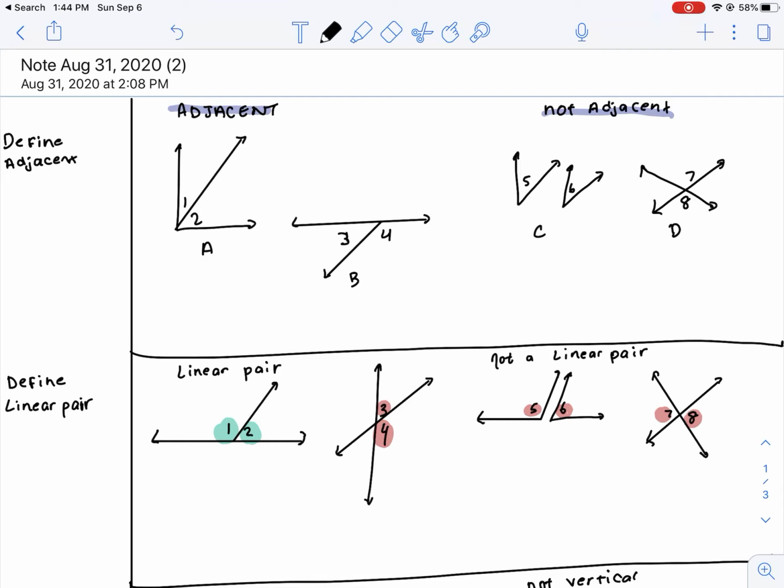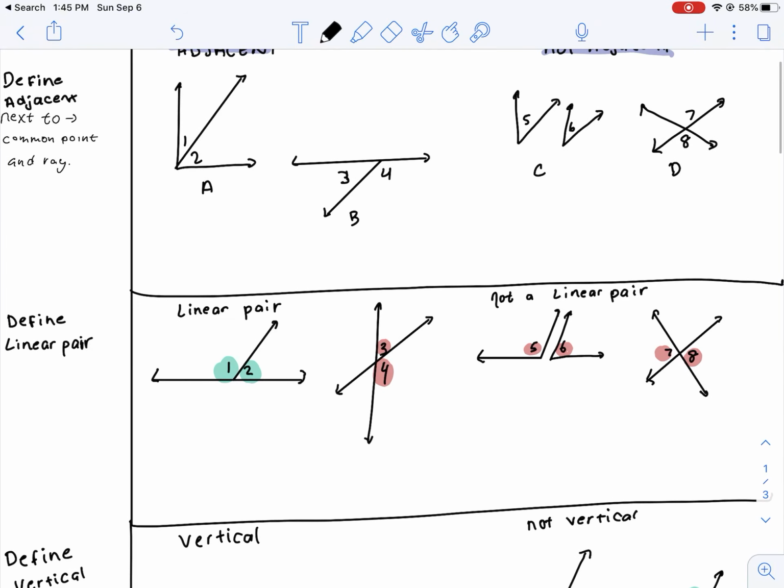Well, see, D has a common point, but it doesn't share a common ray as well. So adjacent we're going to define as the idea of next to. They have a common point and ray. Again, not your friend Ray, but a ray as in an arrow.